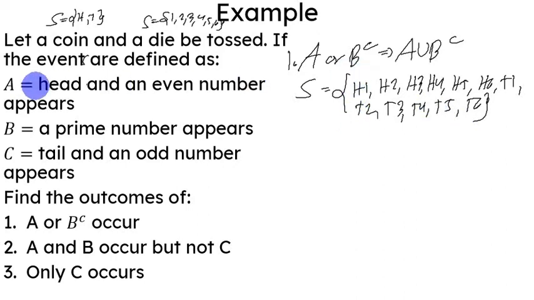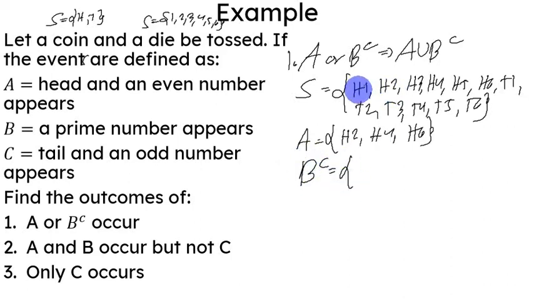For A, we only need head and an even number appears. So for head and even number, that's just H2, H4, and H6. For B complement, B is a prime number appears. So B complement, a prime number does not appear. So let's just take all those that are not prime numbers.